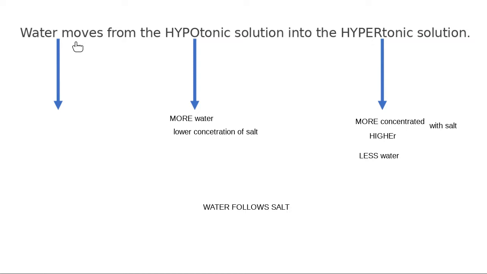When water moves, what was the name of that process again? What did we call it when water moved? Yeah, absolutely right. We call that osmosis. When water moves, we call that osmosis. Okay, so in osmosis, water moves from where there's more water to where there's less water.